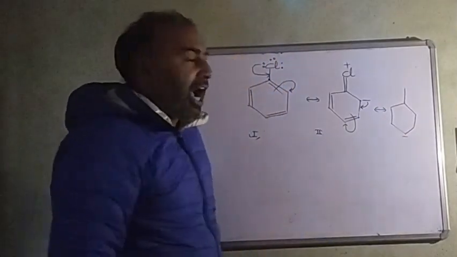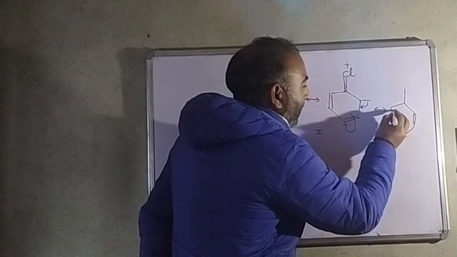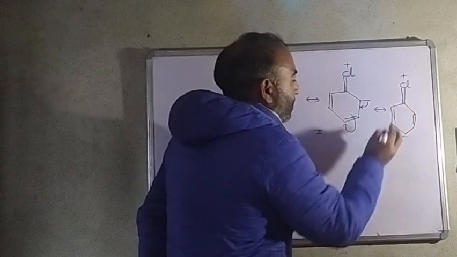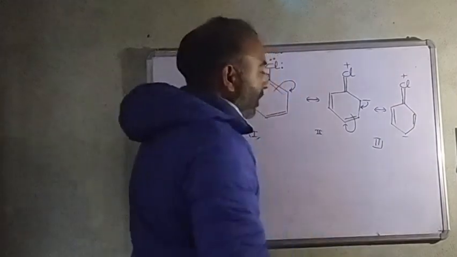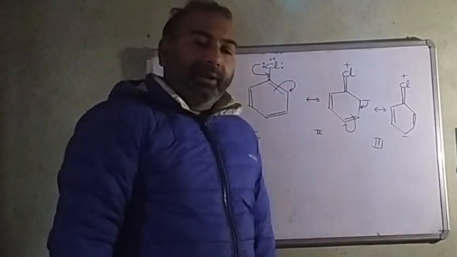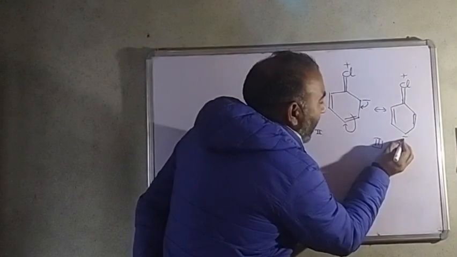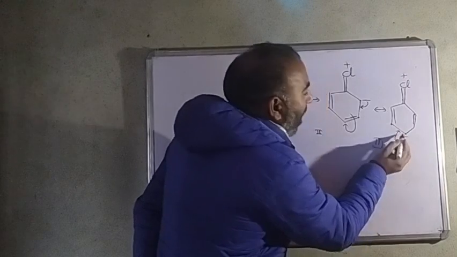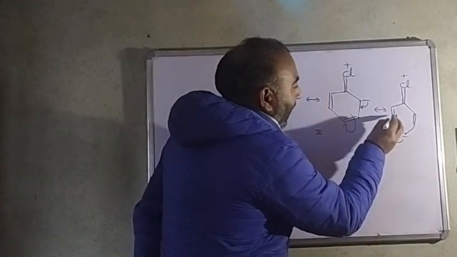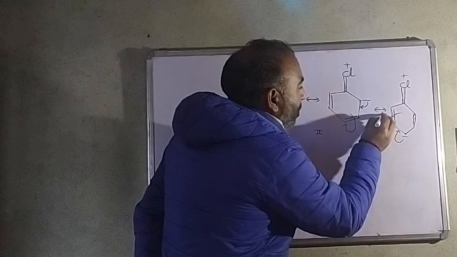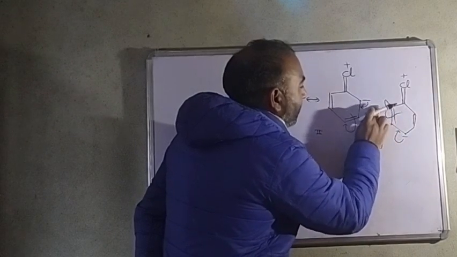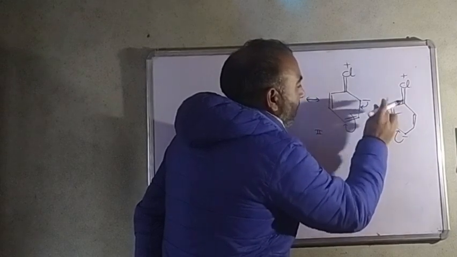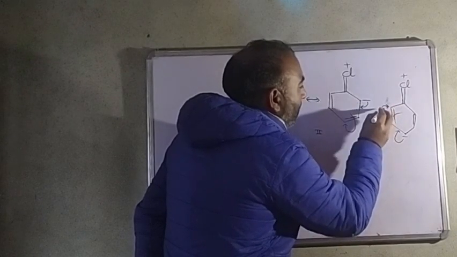Para carbon will attain negative charge. So structure 3rd. Then this negative charge will shift like this, a double bond will be formed here, and this pi bond will be pushed again towards the ortho carbon, like this.